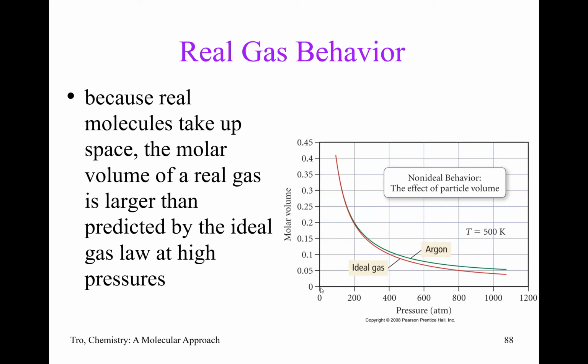And 1 atmosphere is, these increments are 200 in atmospheres, 400, etc. So anything below 200, and 200 is really an incredibly high pressure. You need like a metal cylinder, or this is the kind of pressure that happens in a black hole and things like this. So we'll never experience, even in a chemical plant, these types of pressures.